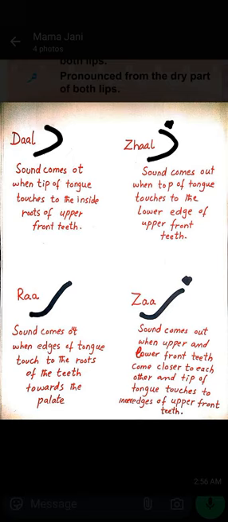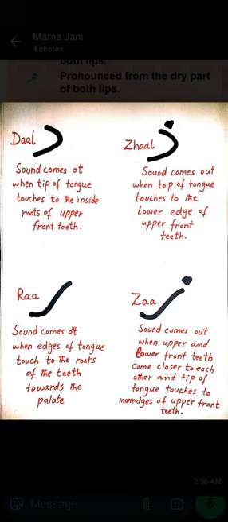Zal is the name of the alphabet, and its sound comes out when the top of our tongue touches the lower edge of the upper front teeth.